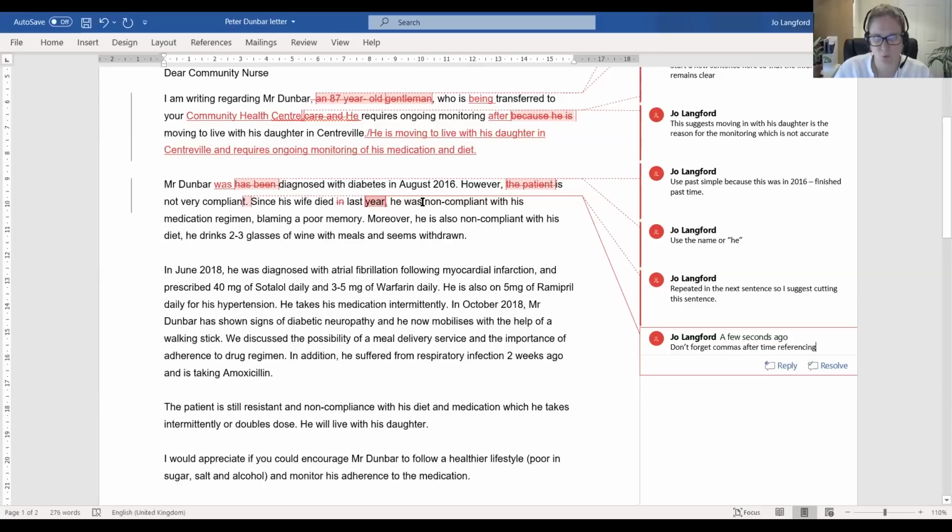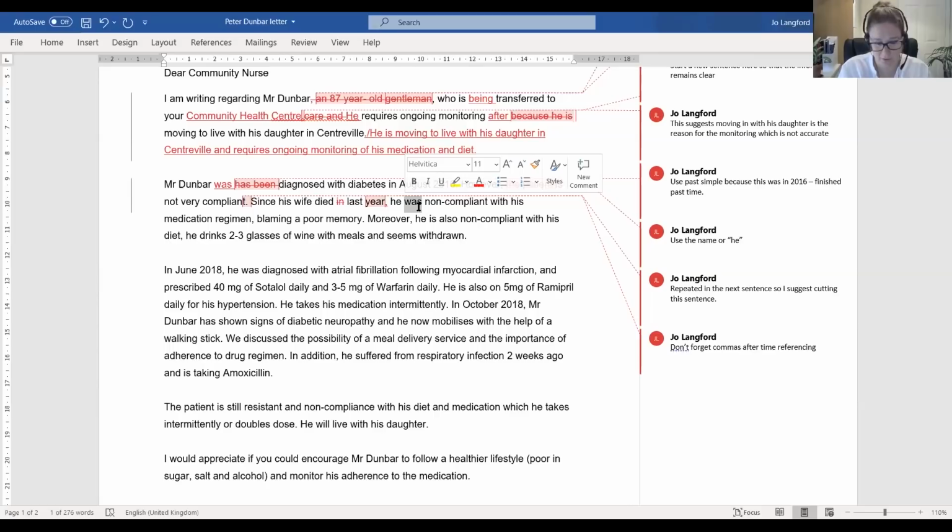Okay. So since his wife died last year, he was non-compliant with his medication regimen. So he was non-compliant. Not the correct tense, it is the reverse of the previous error. Because we've got since, we're expressing past to present and something which is still true. So he has been non-compliant with his medication.